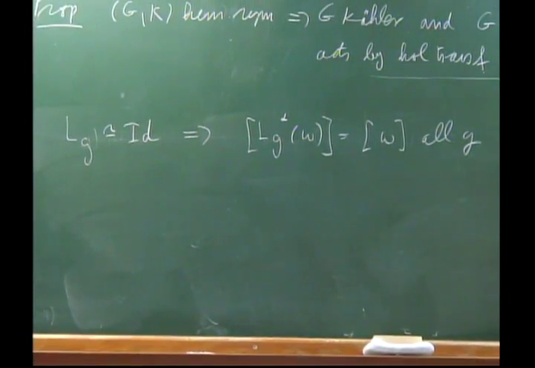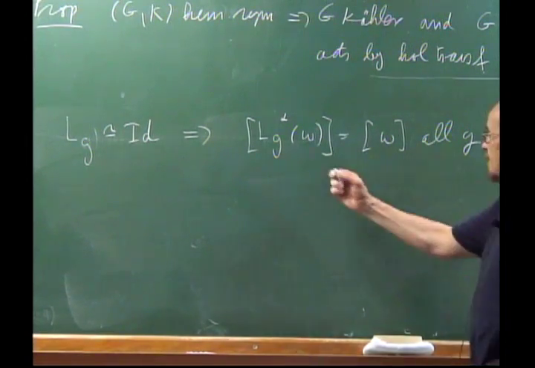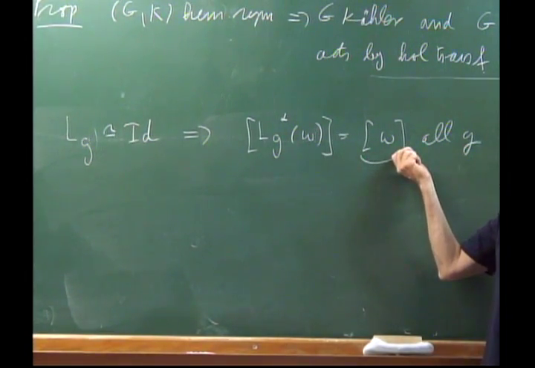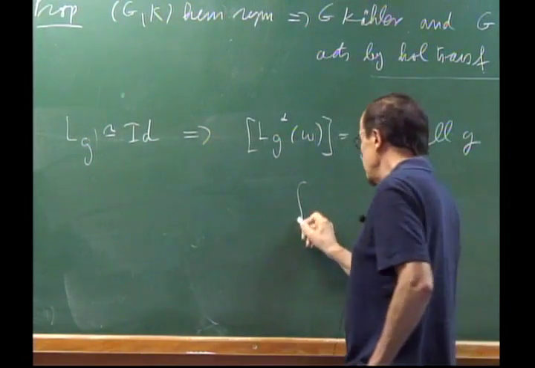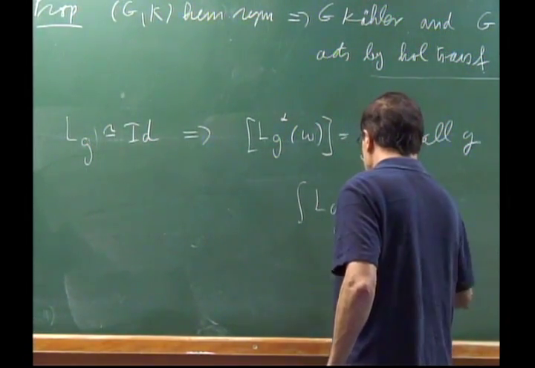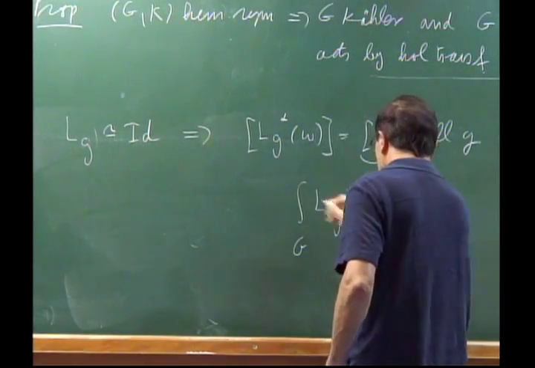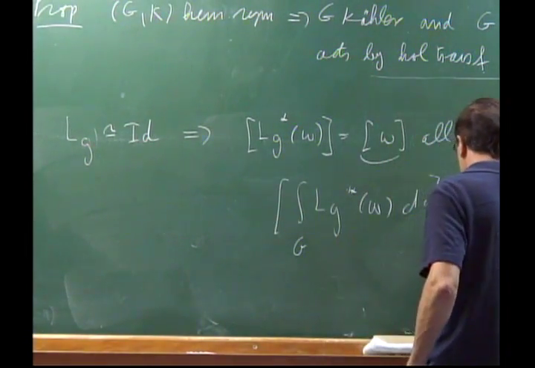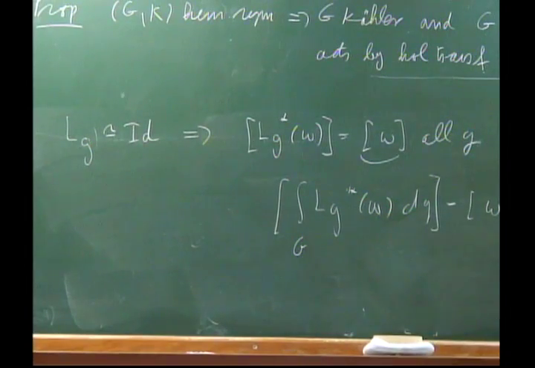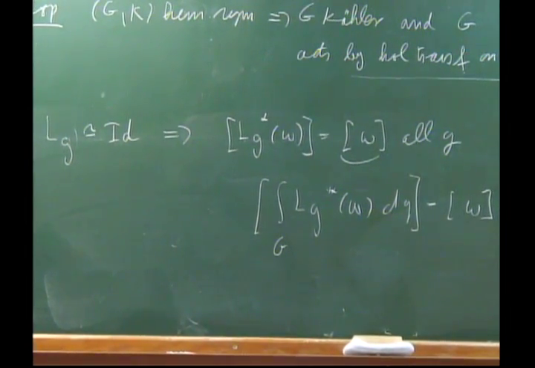And now I average, so I stay in this cohomology class for all g. I integrate over G. This also must have the same cohomology class, because I'm not changing it.